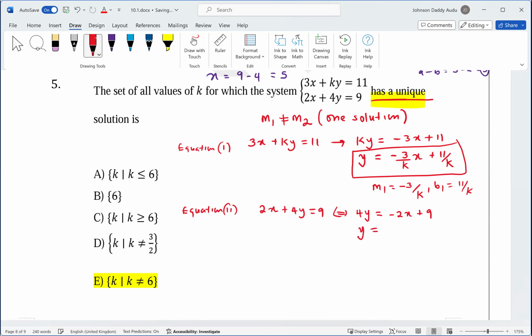So y is minus 2 over 4 x plus 9 over 4, right? And this means that M2 is just minus 2 over 4. And B2 is just 9 over 4.